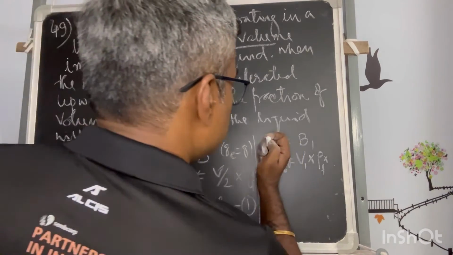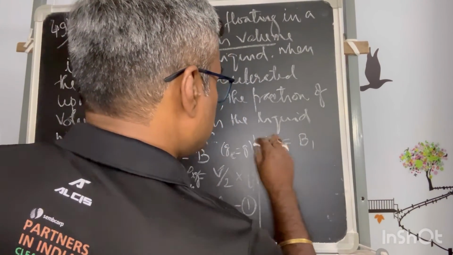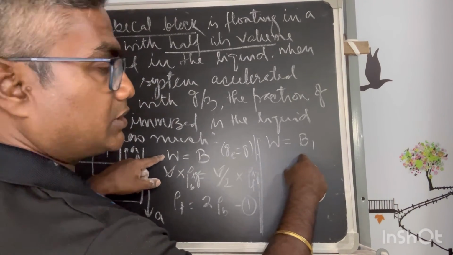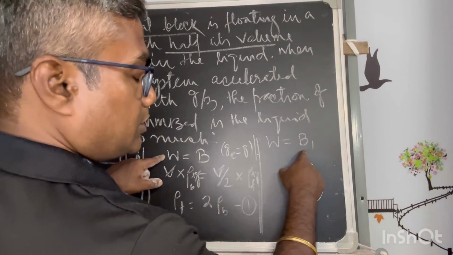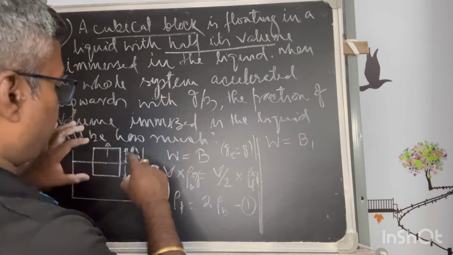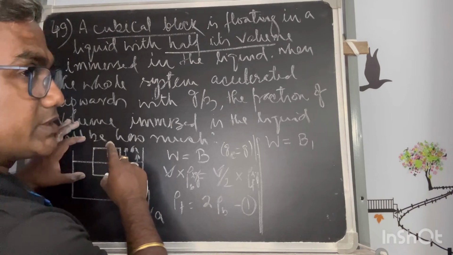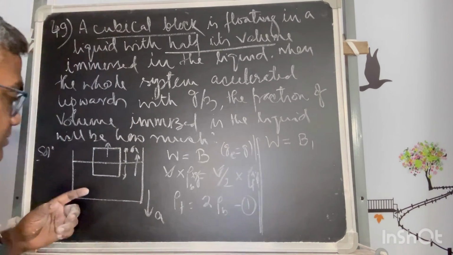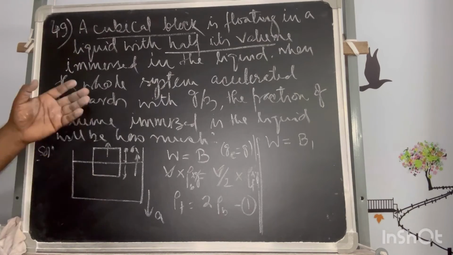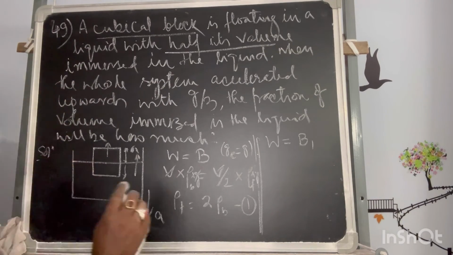But in the second case, this is not the case. The real equation is that the weight is balanced with the buoyant force, and as it is in equilibrium after getting accelerated, it will remain so. There could be some changes: the volume submerged may not be the same, but after the change it will be in equilibrium.